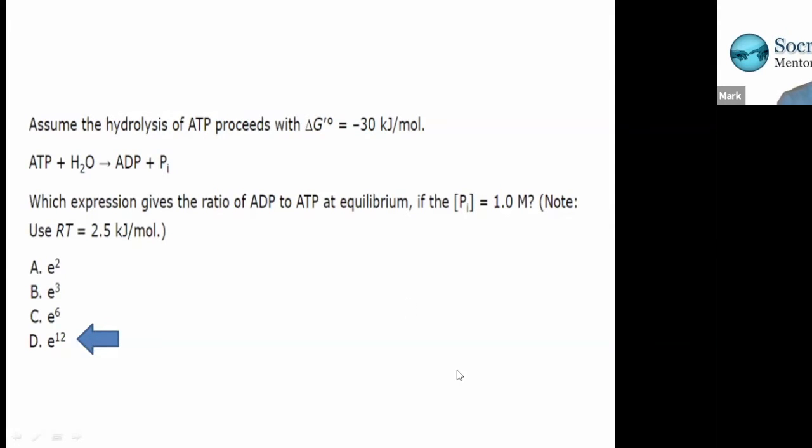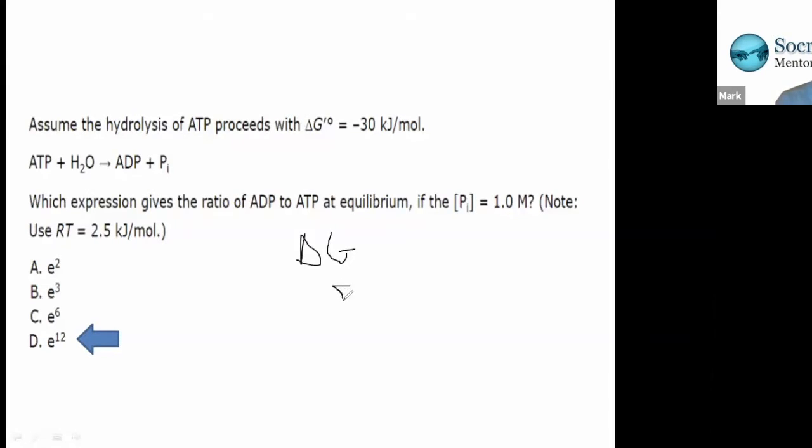So what do we know? We know what delta G standard is, right? And it's negative 30 kilojoules, right? What expression gives the ratio of ADP to ATP? So what is that, right? That may be throwing some of you off.